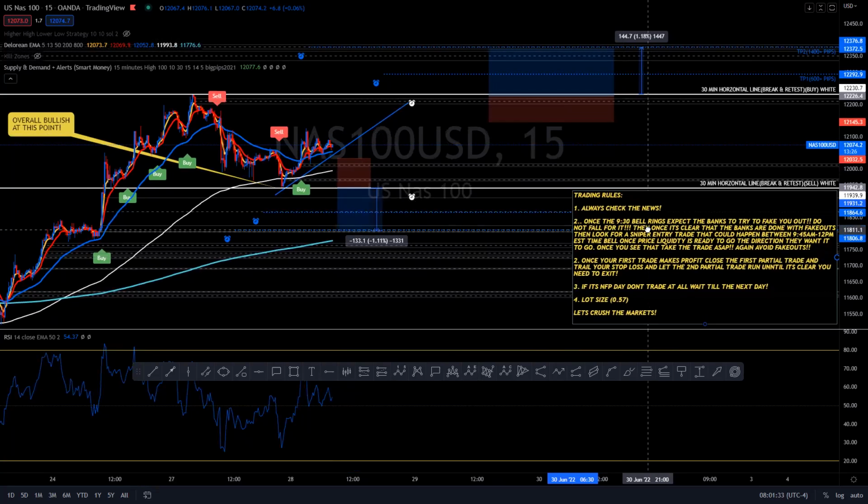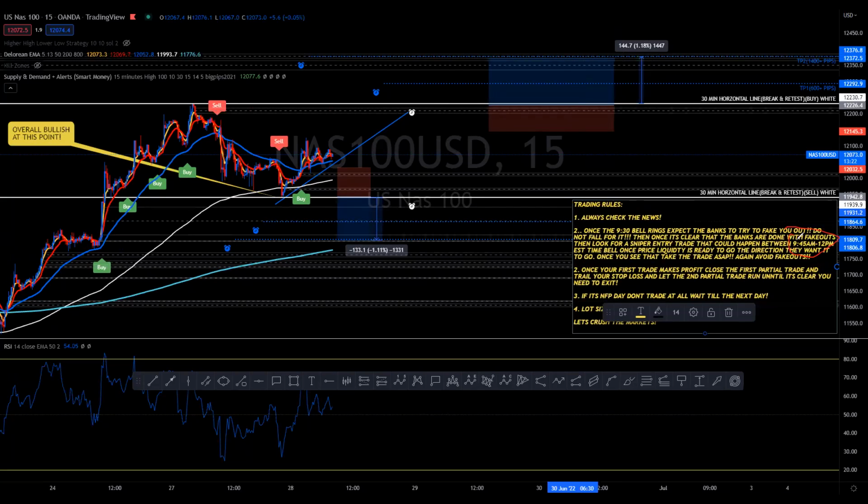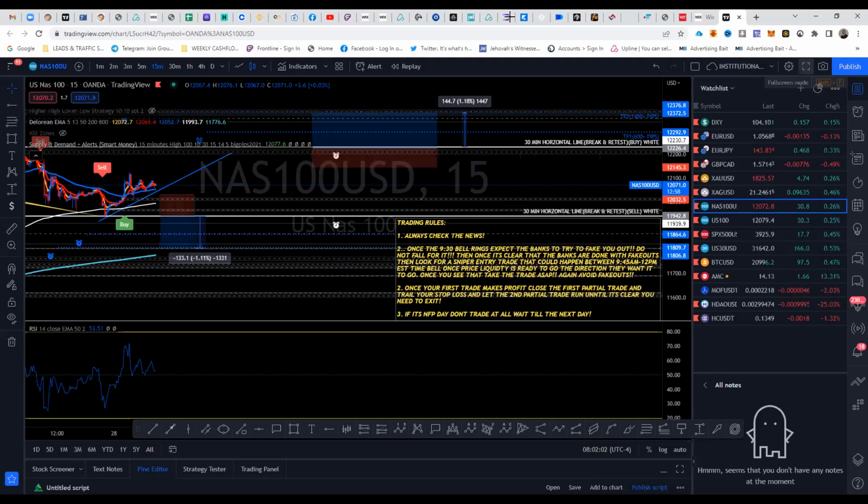What I typically do is wait for the 9:45 candle to start making my decision between 9:45 and 12 p.m. So the New York session is open, and we're pretty much just going to sit on our hands and wait until the 9:30 bell, because that's when price typically starts moving a lot quicker. Then at 9:45, we're going to start looking to see if we can get a sniper entry. So I'm going to pause this recording and we'll see what happens until then. Stay tuned.